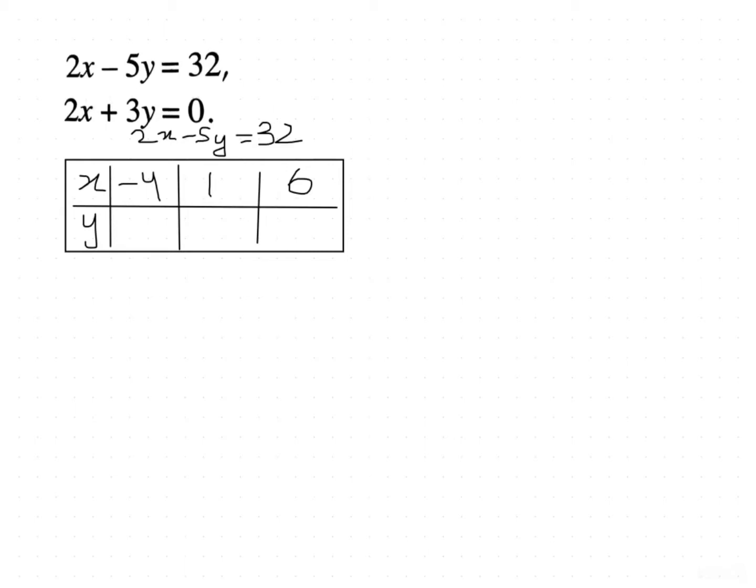For example, take the first equation, 2x minus 5y equals 32. For this equation, we have to choose 3 values of x. We can randomly pick any values; it doesn't affect your answer. For example, I have chosen -4, 1, and 6 as the values of x.